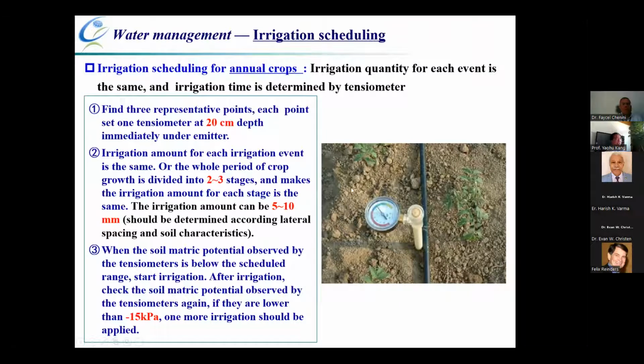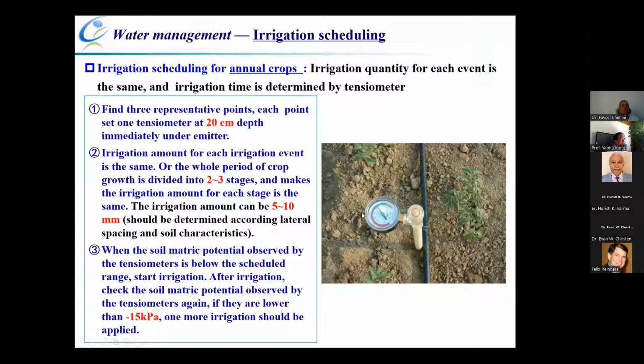Now you can see the irrigation scheduling is very simple. The irrigation quantity for each event is the same, and the irrigation time is determined by the tensiometer. It is easy for the farmer to use. We make different colors so they can easily find the range of the suitable soil moisture potential. So this is for the annual crops.